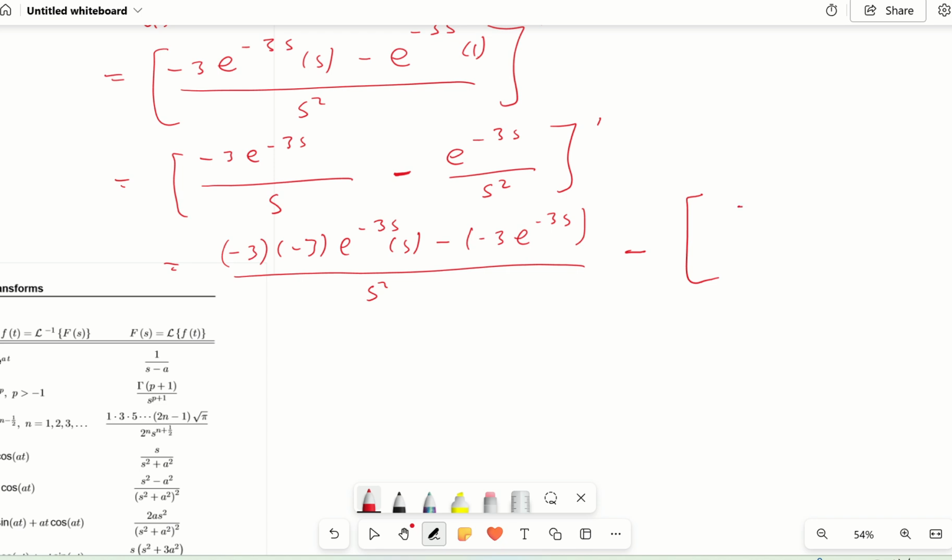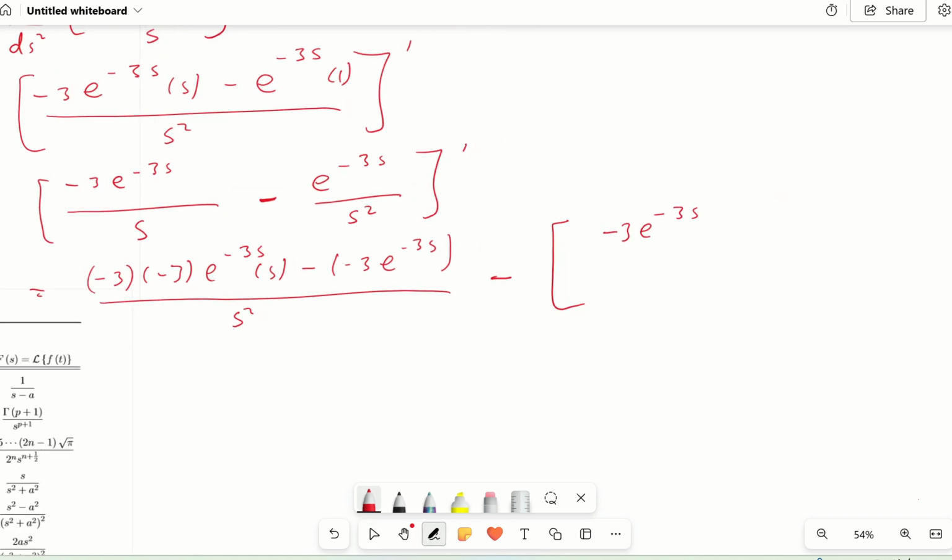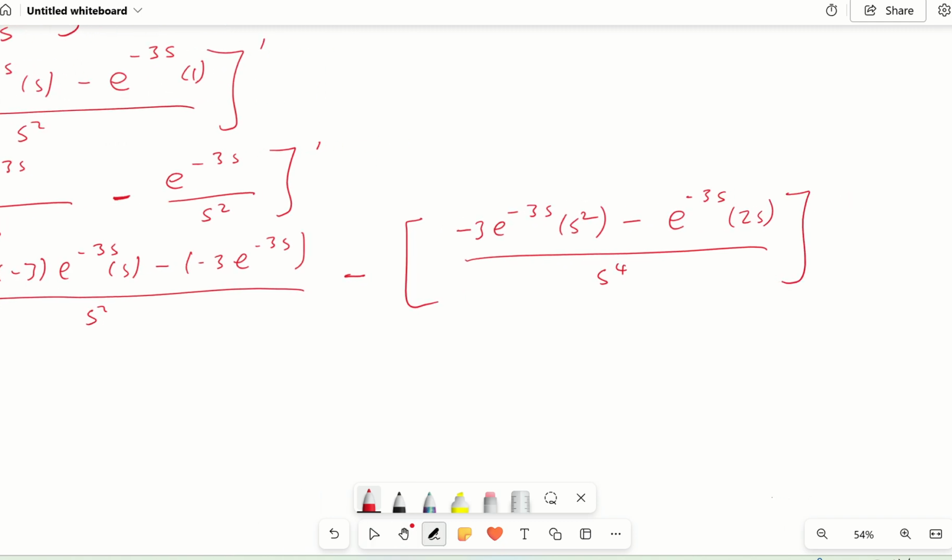So it's negative 3 e to the negative 3s, you multiply that with what's on the bottom, it's s squared, minus, you leave first the top part and you differentiate the second part, which is 2s all over, you square that, which is going to be to the exponent of 4.